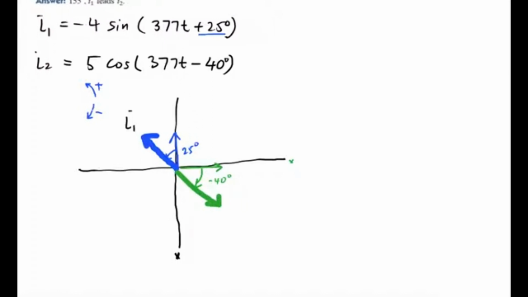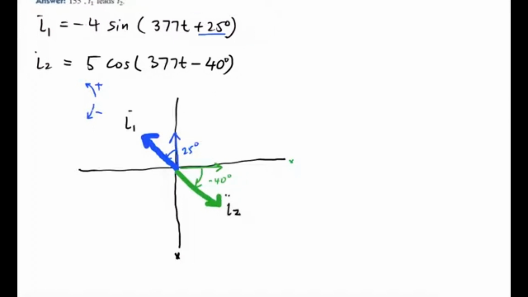Sorry, it should be proportional. This should be the same, but I extended it. It should be something like this. I cannot move it, never mind.